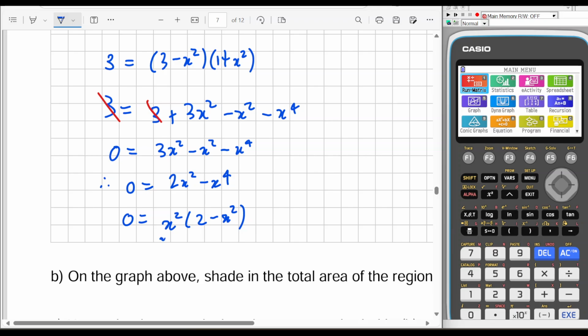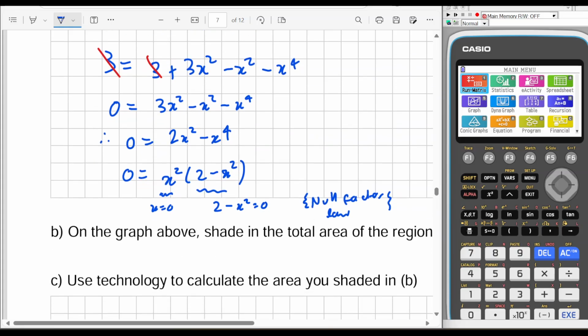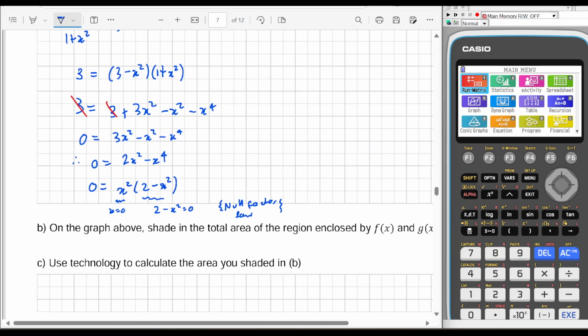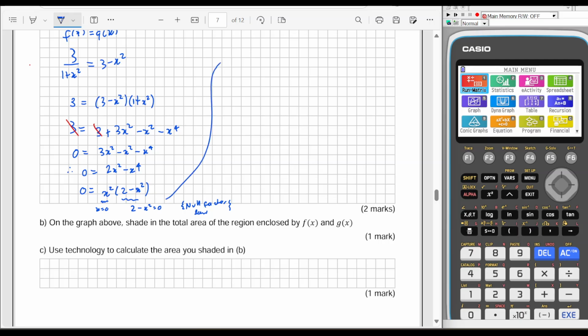Now, using the null factor law, x is 0, or 2 take x squared is 0. So this is the null factor law. Basically, what that tells you is if you got 2 things times together to give 0, then one of those 2 things is 0. So x is 0, or 2 take x squared is 0.